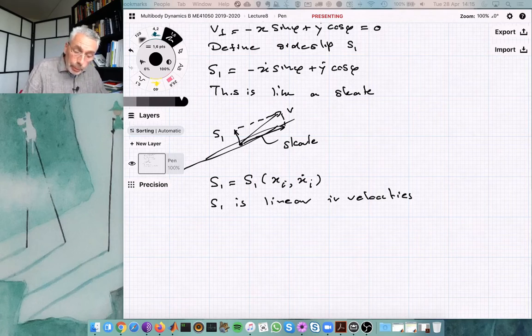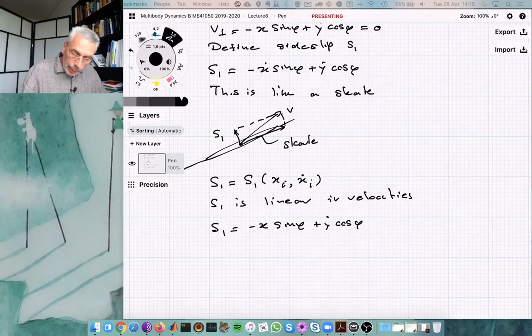So we could write it as S1 equals minus x dot sine phi plus y dot cosine phi. And in general, I can write that as S1 of xi and x dot i. But a very special case is that it's linear in the velocities.